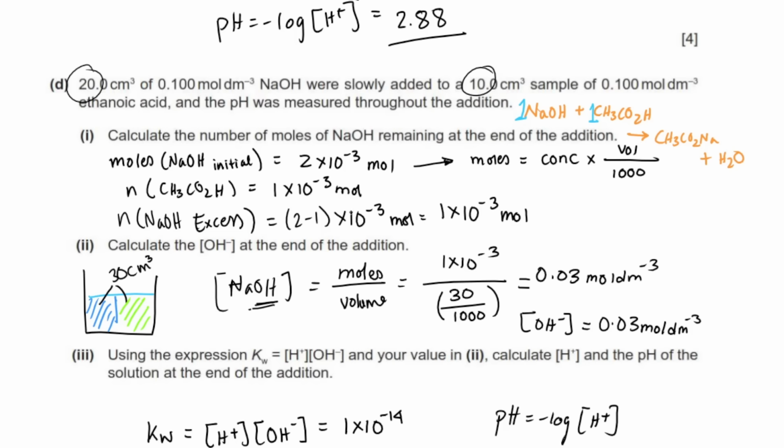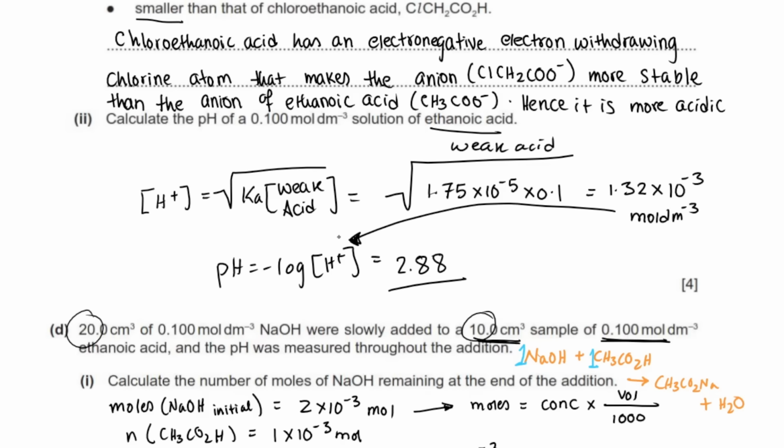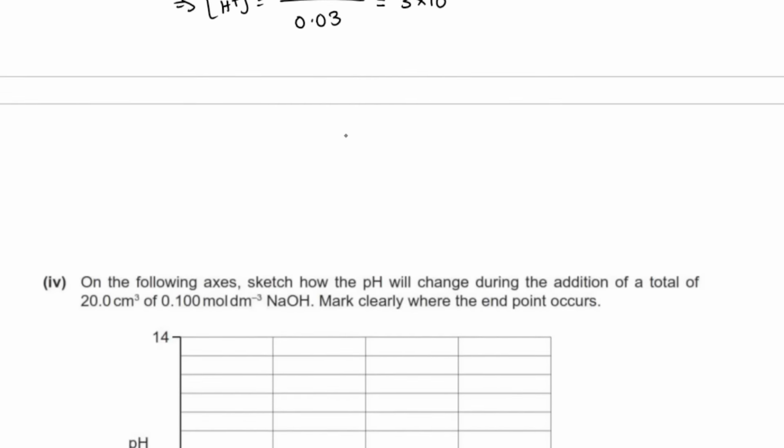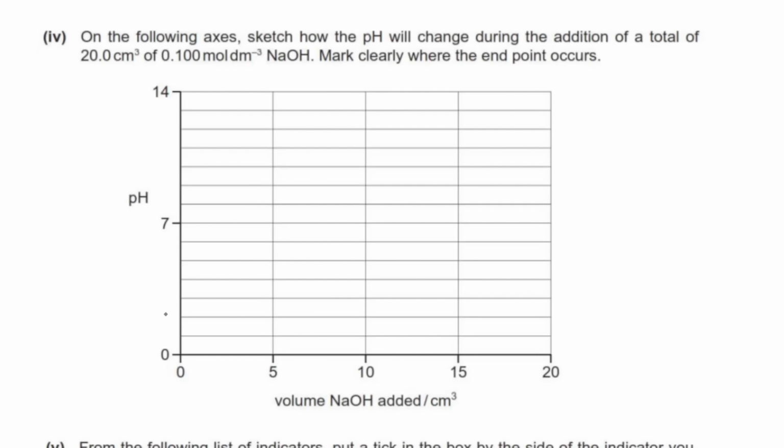So what was the initial pH of the beaker? This is the pH we found in C part 2, which is 2.88, because here the solution was also of 0.1 mole per dm cube. So we can just say that at the beginning, when there was 0 sodium hydroxide solution, the pH was 2.88, which we can mark around here, 2.88.